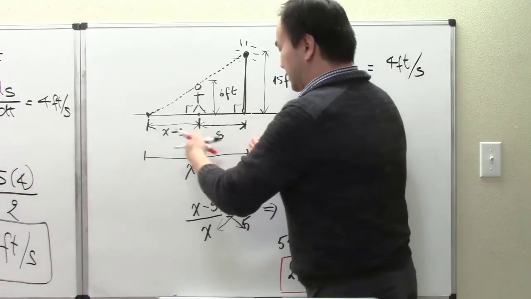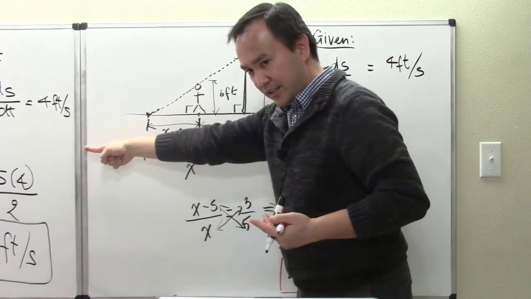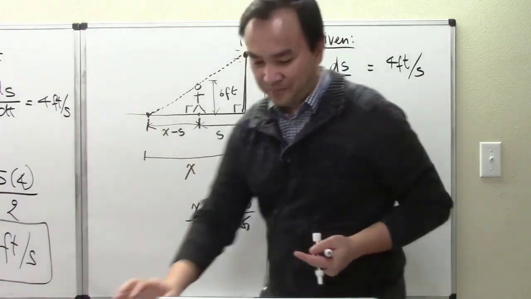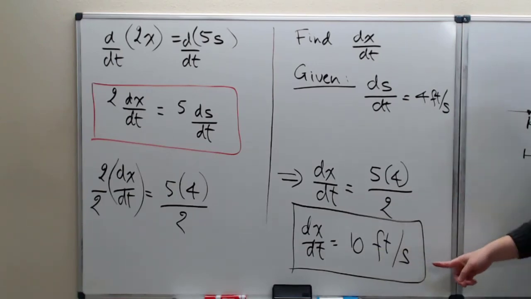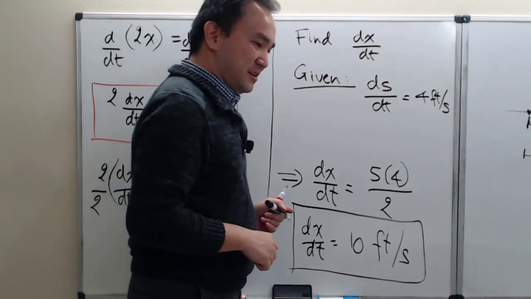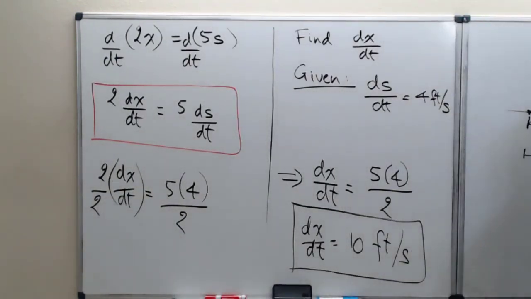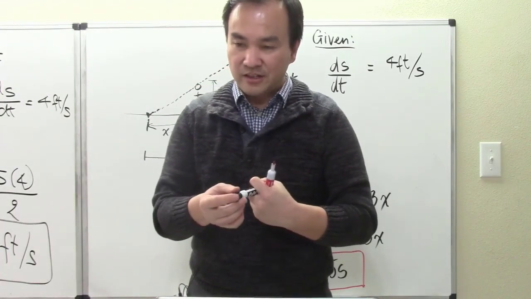I mean, the tip of her shadow is moving away in the same direction at 10 feet per second, a constant rate of change. Okay, 10 feet per second, and that is how we solve. That is how we applied our understanding of related rates in solving this example.